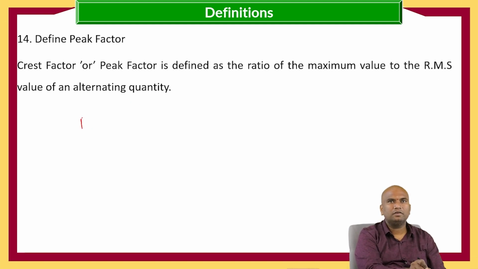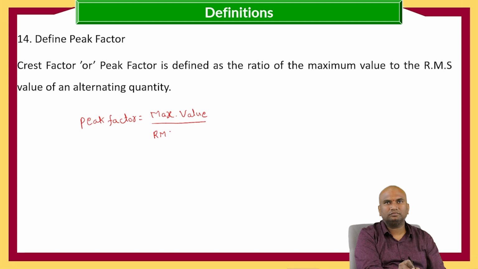That is, peak factor is equal to maximum value or peak value divided by RMS value.